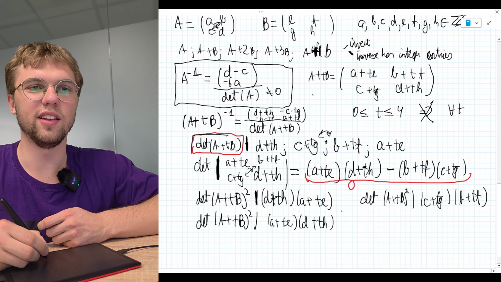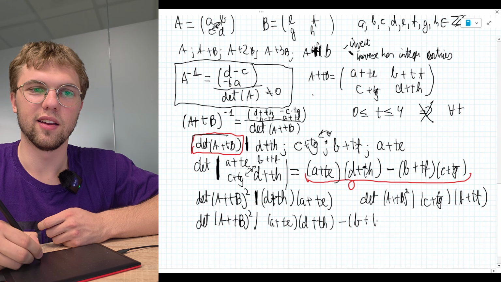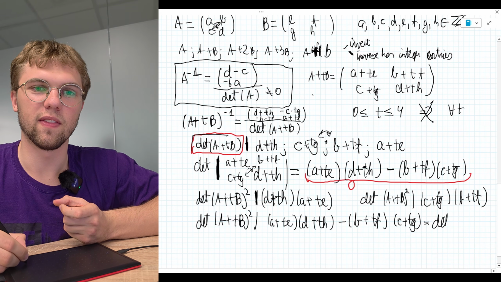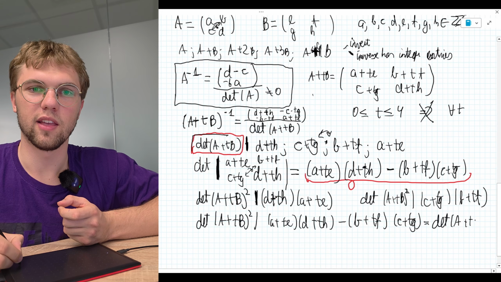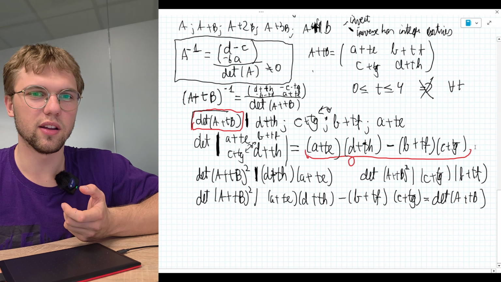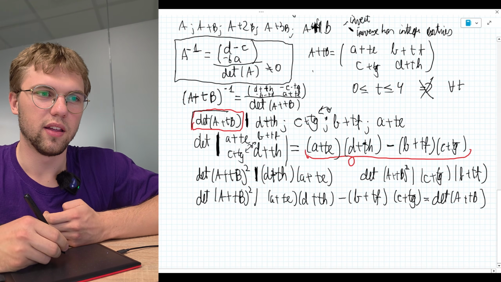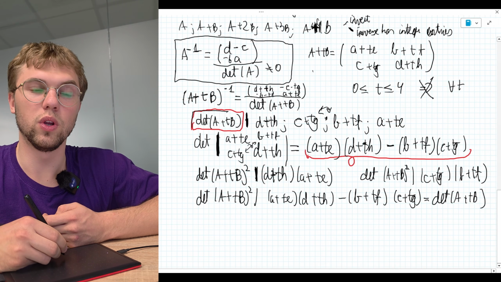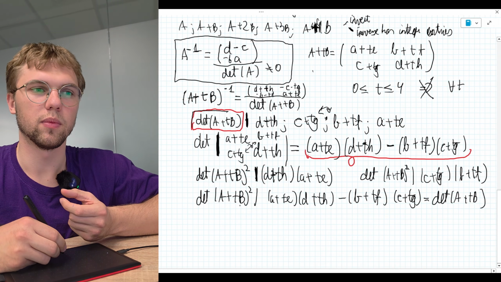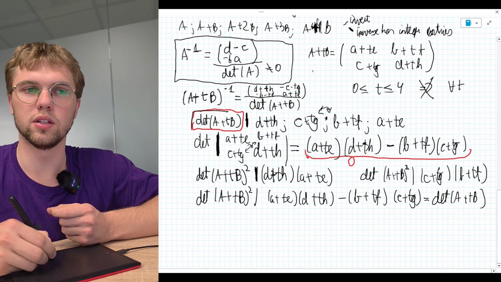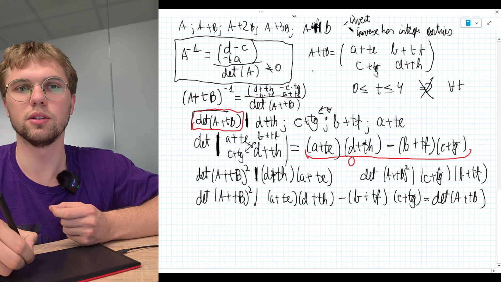It divides A plus tE times D plus tH minus the other product. I think you're already seeing what I'm seeing. C plus tG, which is just the determinant of A plus tB. And now we have a very interesting thing. Square of some number, and we know that the determinant is an integer, because the determinant is a product of these, and this is an integer, this is an integer, this is an integer, this is an integer.